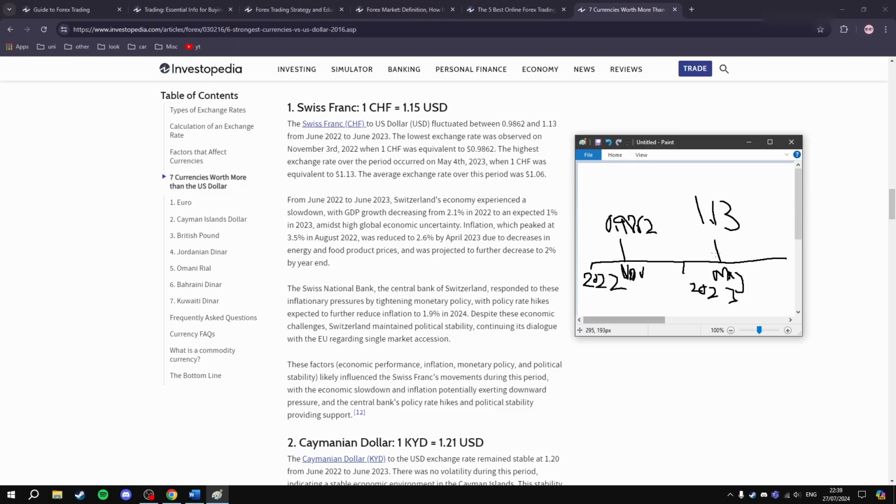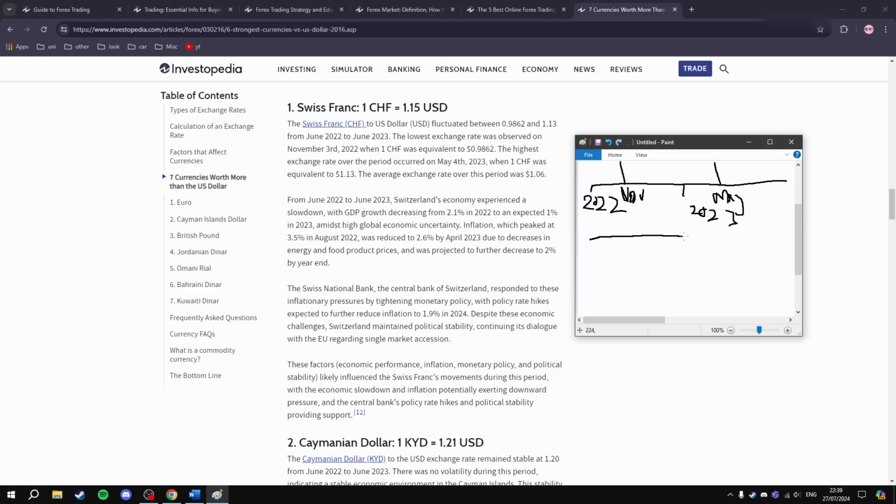So overall, we got GDP decreased. Inflation, which peaked at 3.5% in August, so inflation goes up, was reduced to 2.6% by April.